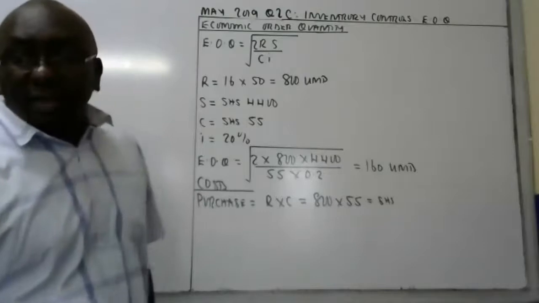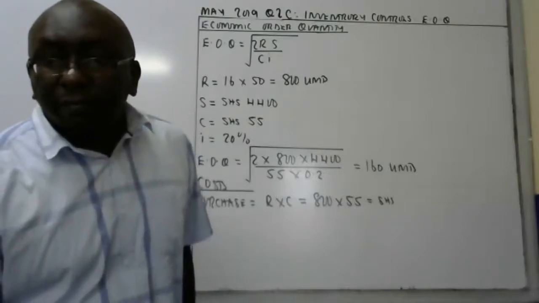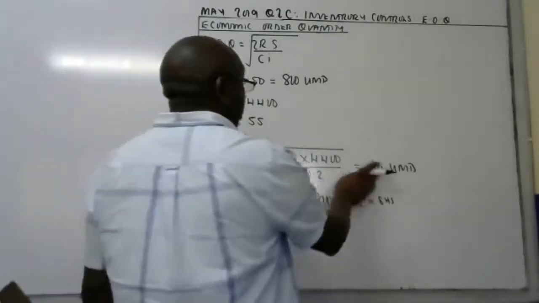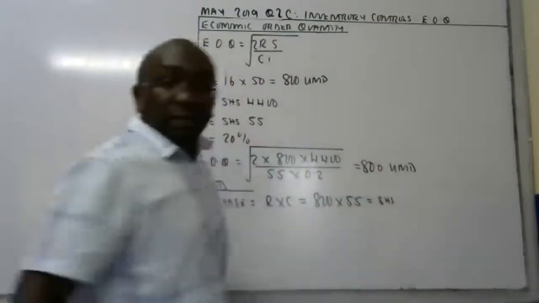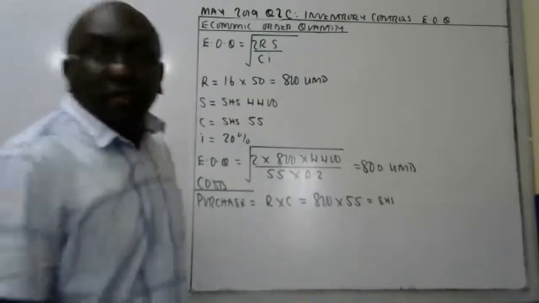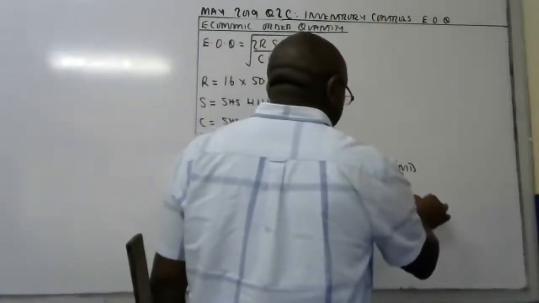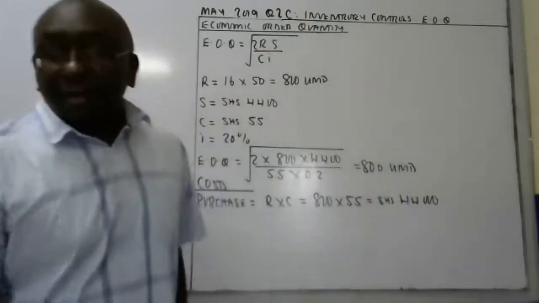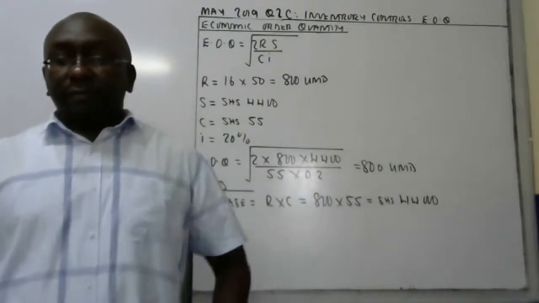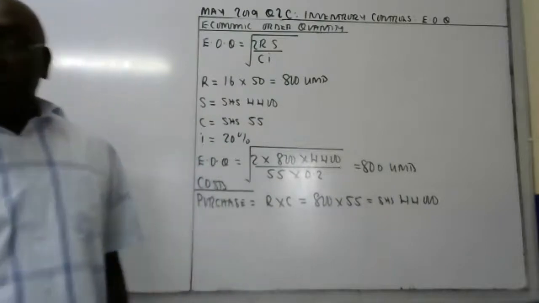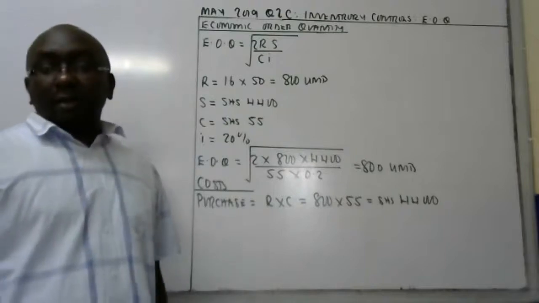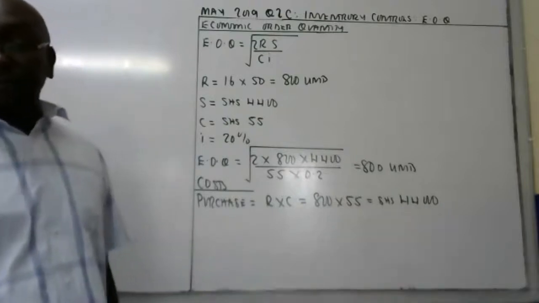Now, where are we saying it is 800? The EOQ, this one. Okay, so then this one is given as 44,000. Is that figure confirmed? 44,000.